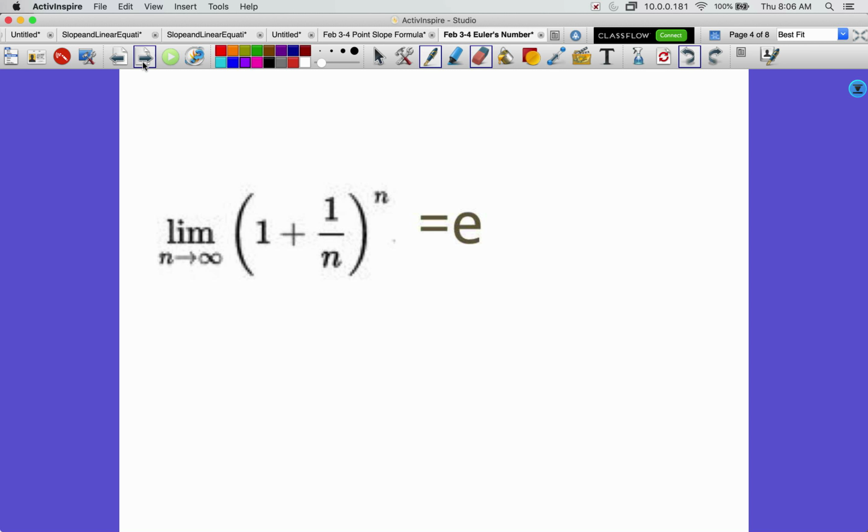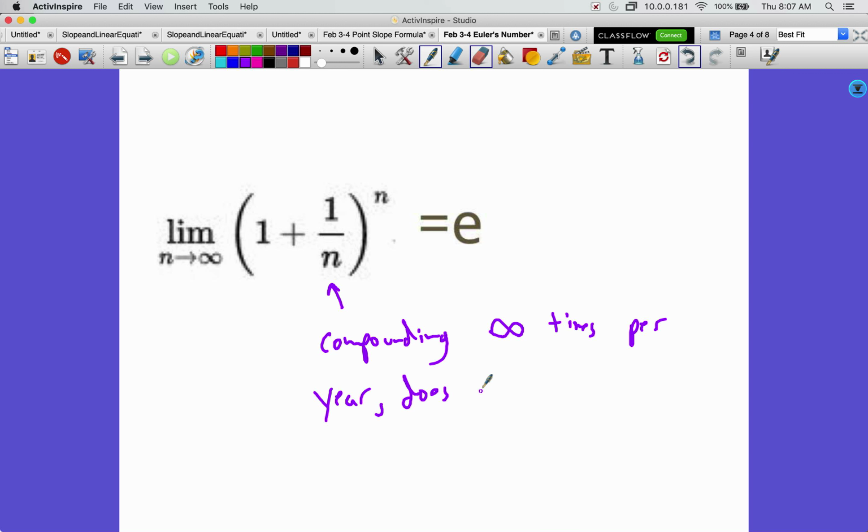This does not diverge, it converges to a specific number, and what this means is that compounding infinite times per year does not yield infinite money.